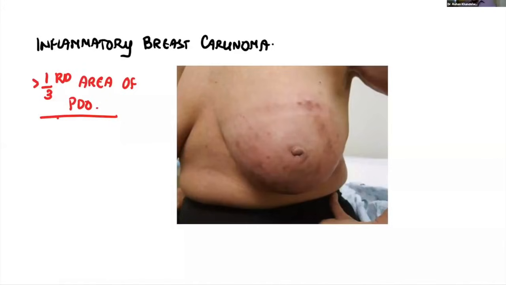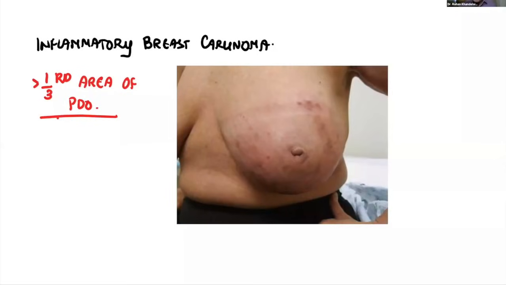This, they had shown that it was a non-lactating mother, non-lactating lady, and she had more than 1/3 area of Peau d'Orange. I told you, Peau d'Orange can be seen because of blockade of subdermal lymphatics. And if more than 1/3 area of PDO is there, that is a sign of inflammatory breast cancer.